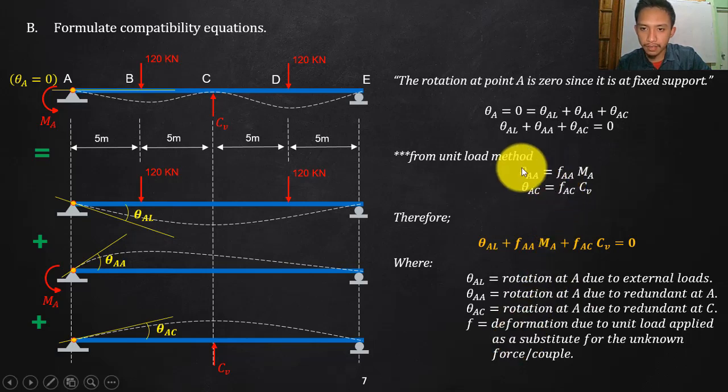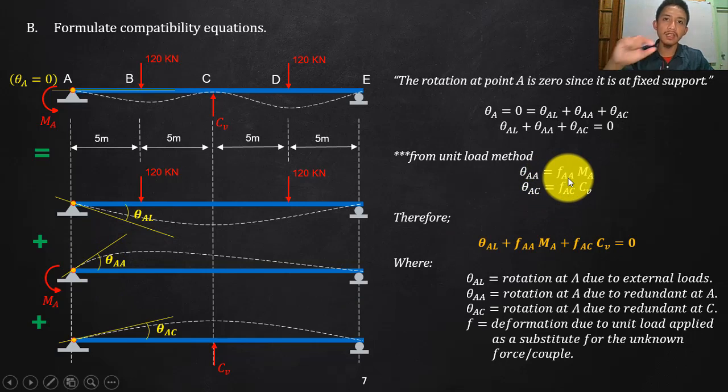And then of course, in this unit load method, we'll try to break the total effect down into a unit load. We call it a unit load since we are considering a unit moment or a unit force. Since we have here a unit moment, we will apply a unit moment here, and whatever the value of rotation here, that is your F sub AA.